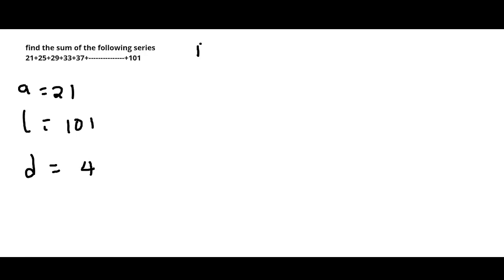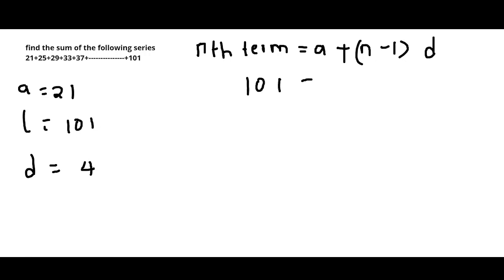So we can start with our nth term equals a plus n minus 1 d. The nth term will be 1, our a will be 21, plus n, we don't know the number of terms that are here, so we'll just write it as n minus 1, and our d is 4.